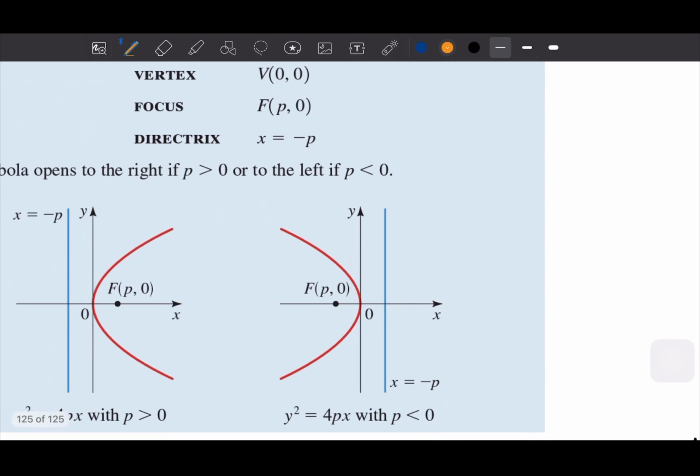Let me just note that this is the distance that we are going to equate to the other distance. Okay, that is the parabola.